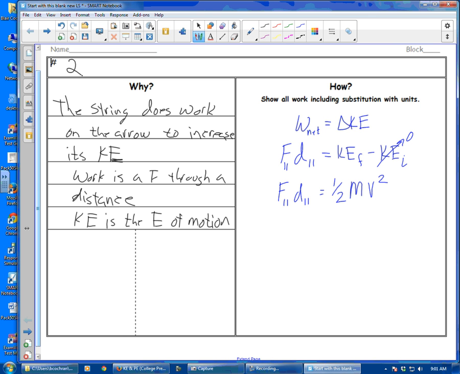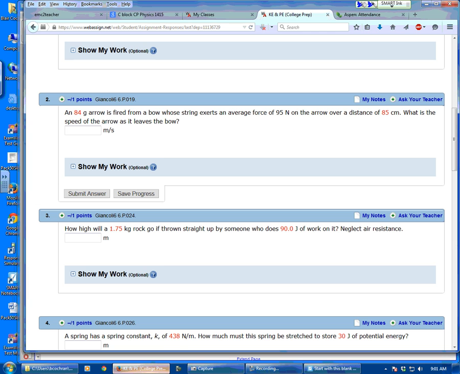But I need to make sure that when I do substitute in for force and distance and inertia and velocity, that they're all in my base units, since they want this in meters per second. They give me the inertia of my arrow, but they give it to me in grams. So I need to convert that to our base unit of inertia, kilograms. They give me my force in newtons, good, that's a base unit. But they give me my distance in centimeters, so I need to convert that to meters.